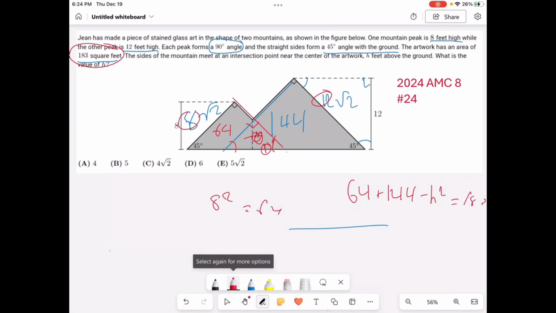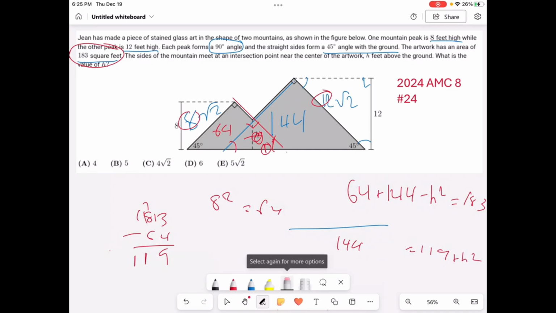So if we subtract everything, 183 minus 64, that is going to be 119. So 144 minus h squared is 119. And then we can bring the h squared to this side, minus 119 here.